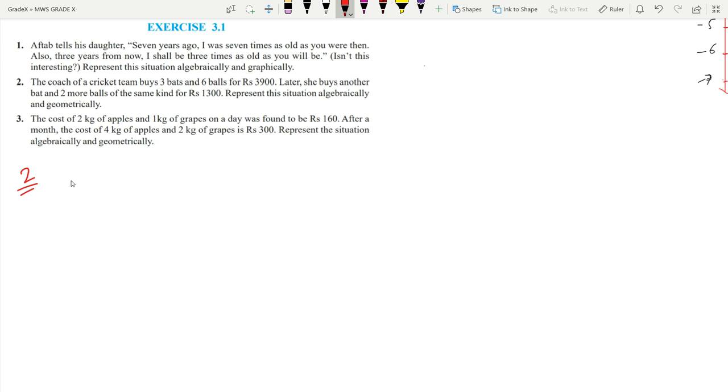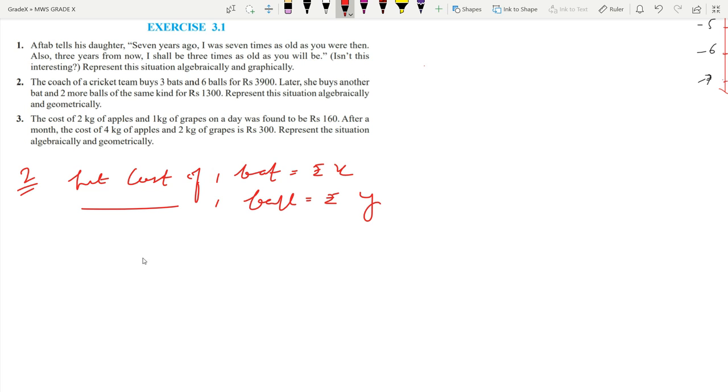We don't know the cost of one bat and one ball. Let the cost of one bat be x and the cost of one ball be y. So here we are with case 1. 3 bats: if the cost of one bat is x, the cost of 3 bats will be 3x, and the cost of 6 balls will be 6y, and together they cost 3,900 rupees.